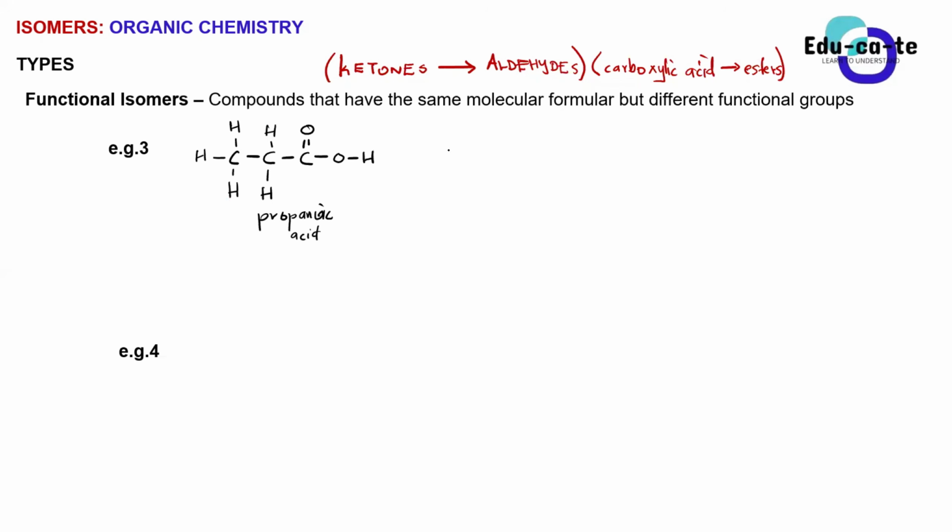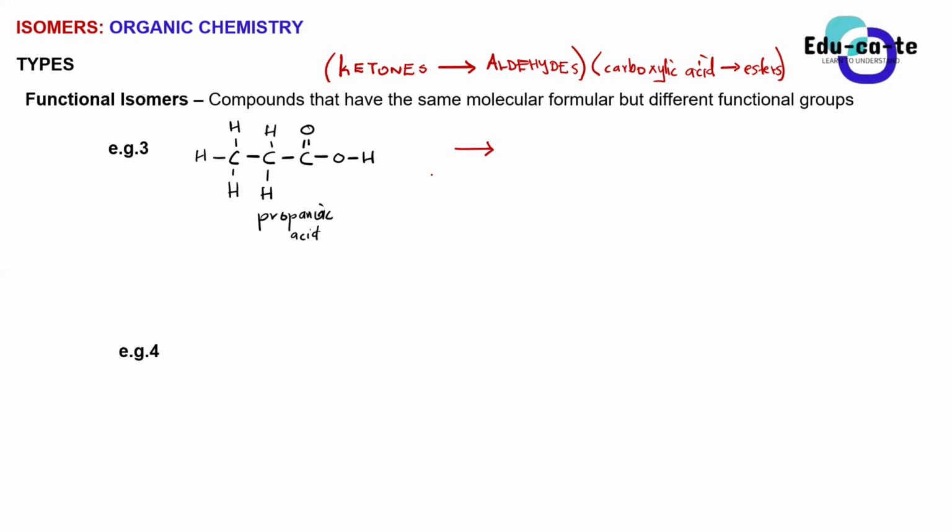Let's start here, guys. For us to find a functional isomer for propanoic acid, since propanoic acid is a carboxylic acid, its functional isomer must belong to what homologous series? It must belong to the esters. Yes, it must belong to the esters.